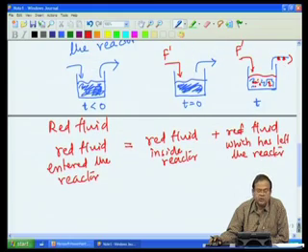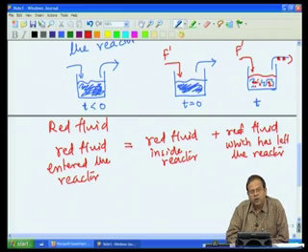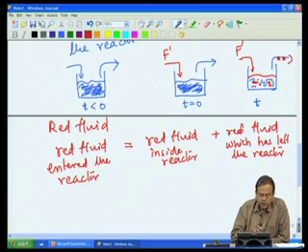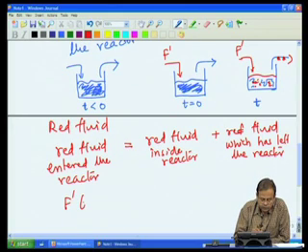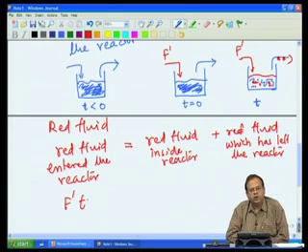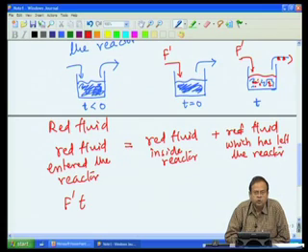So, if f prime is my flow rate, which is constant, then in time t how much of the red fluid have I sent in? If f prime is the rate, then f prime t is the volume of the fluid which I have introduced in my reactor. Now, what has happened to this fluid?